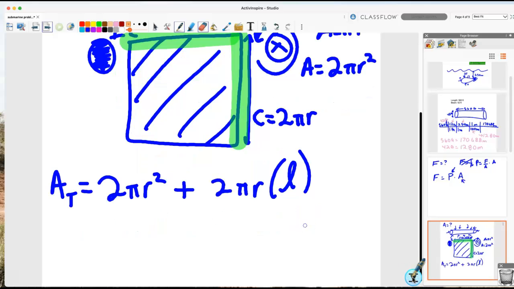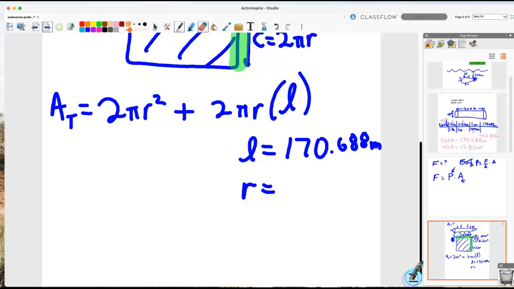And the length of the submarine, we said up above, is 170.688 meters. Now we need the radius, don't we? Well, we know the diameter.